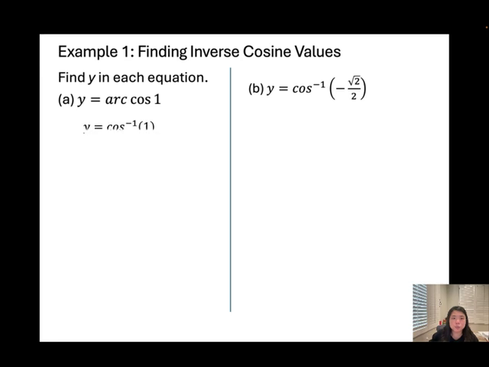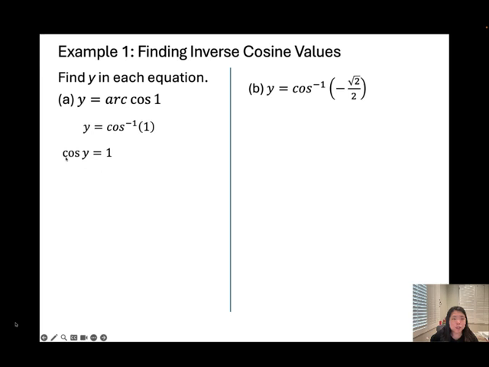Arc cosine 1, we could rewrite it this way: cosine inverse here, and this is talking about cosine y equal to 1. Make sense to you? This is exactly the same thing: arc cosine 1, or cosine inverse, and then cosine y equal to 1.